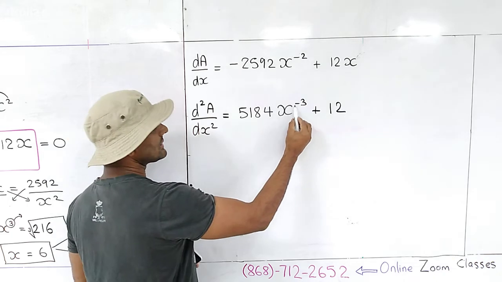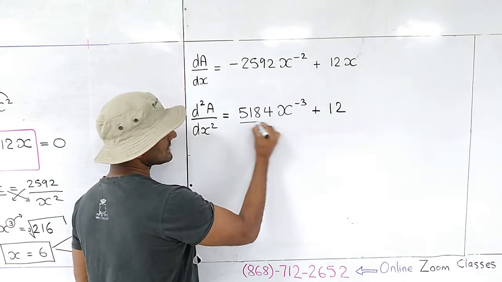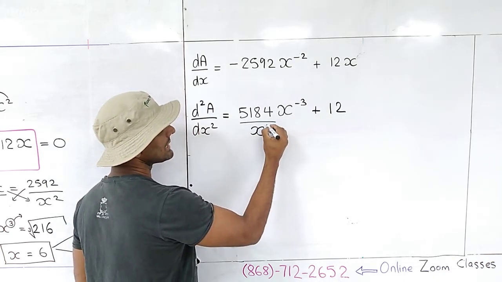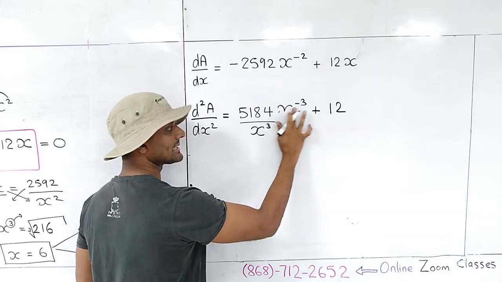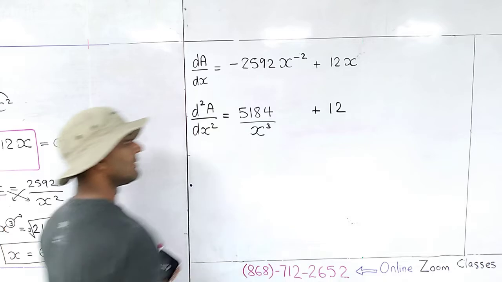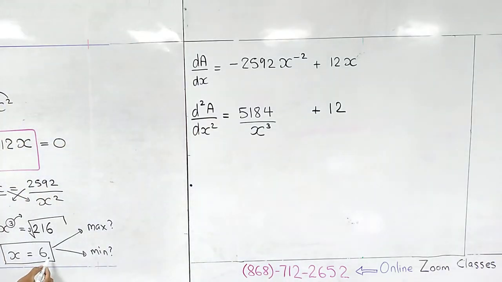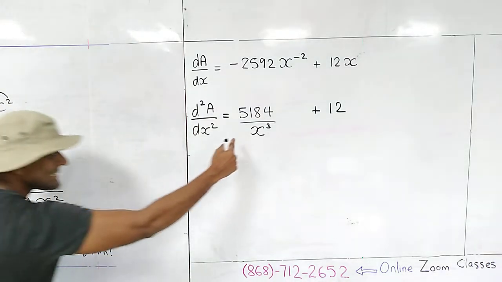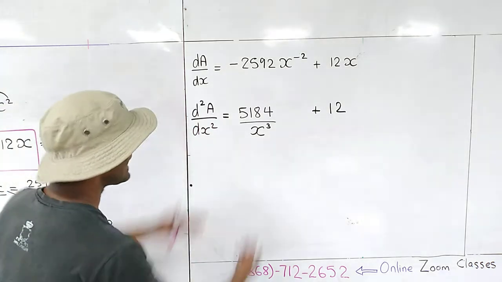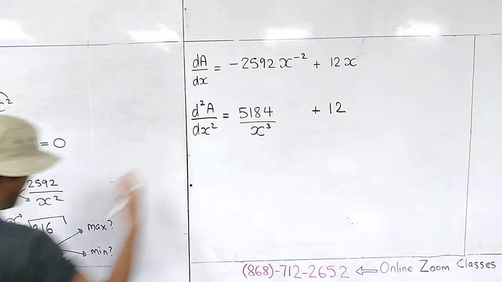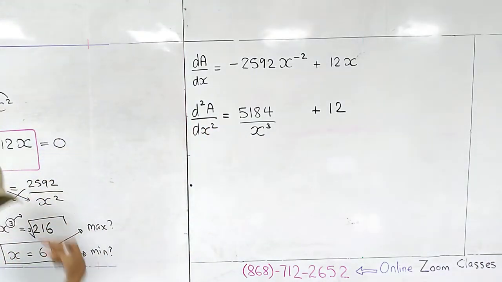I don't like how this x to the power minus 3 looks, so I'm just going to throw it underneath and it will become a positive. Okay? So I'm going to erase it now. You see this value of x now? This is the equation that will tell us if it is a maximum or minimum. He's like the judge, and he tells everybody, you are declared a maximum or declared a minimum.